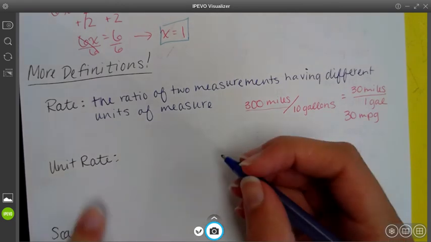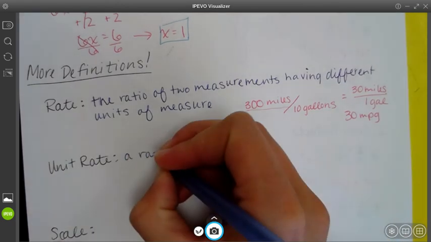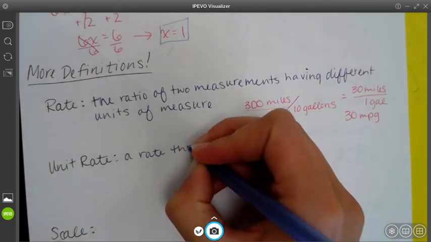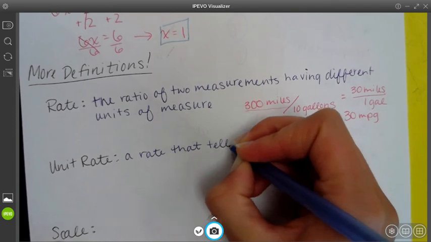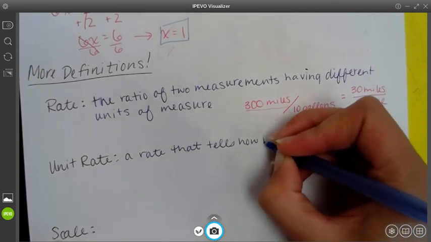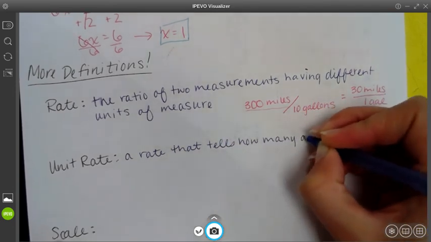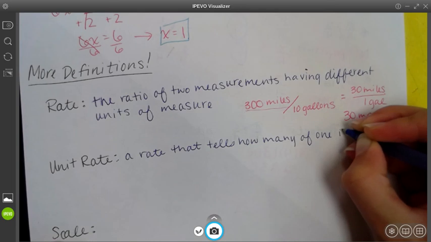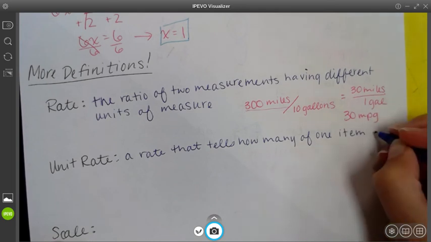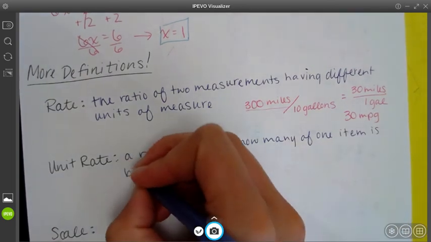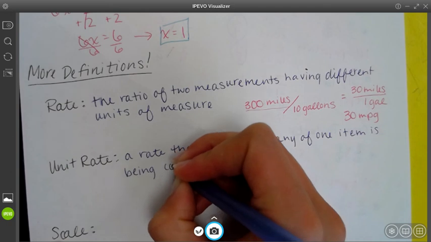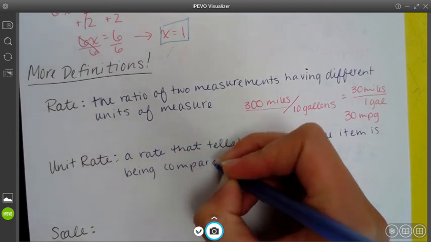So a unit rate is a rate that tells how many of one item is being compared to one of the other.